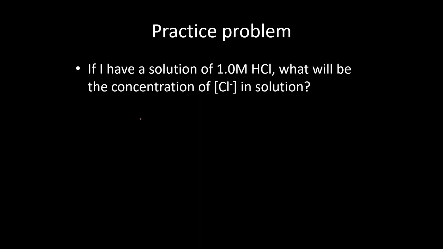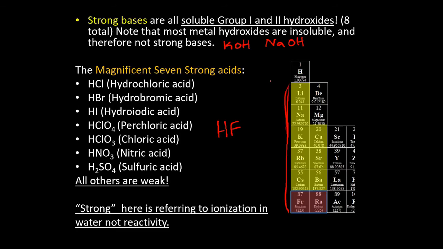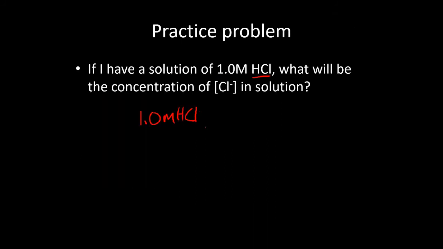Okay, so if we have 1 molar HCl, if we go back to our previous slide here, that is a strong acid, which means it is going to completely dissociate. Every last one of those HCl molecules is going to give us an H plus and a Cl minus.